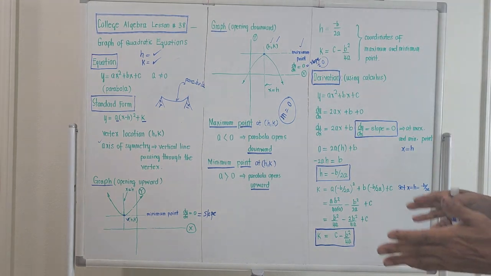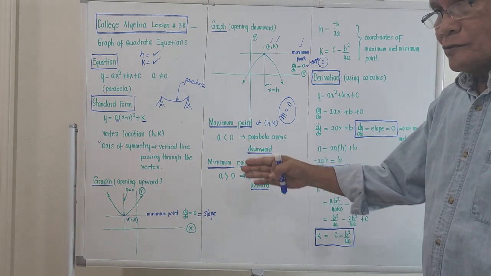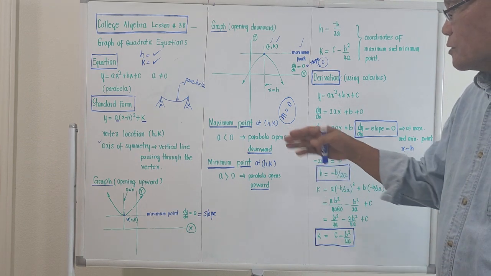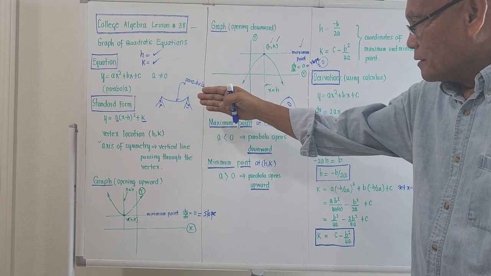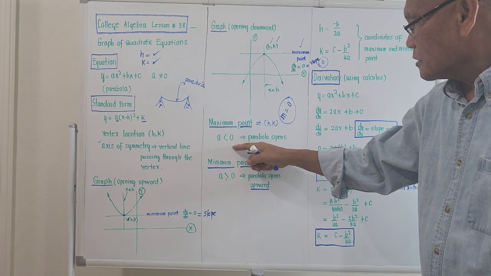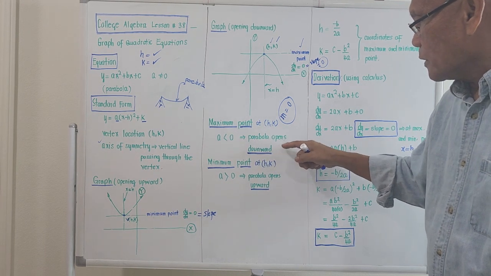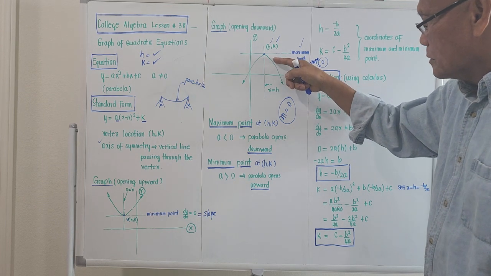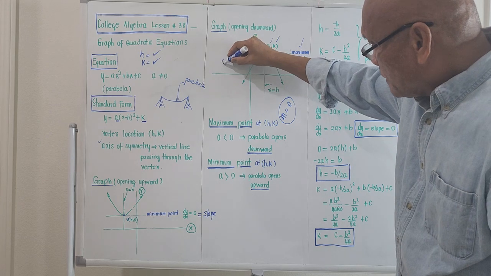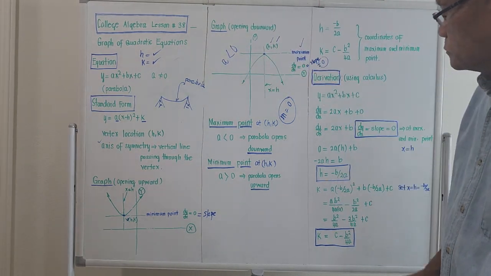For it to be a maximum point, these are the markings. If from the given quadratic equation a is less than 0, it should be a parabola that opens downward. It should be this one. So for this figure number 2, a here is less than 0. It opens downward.